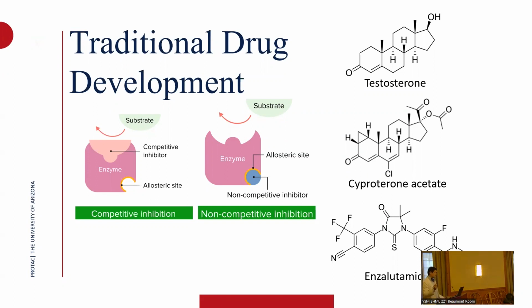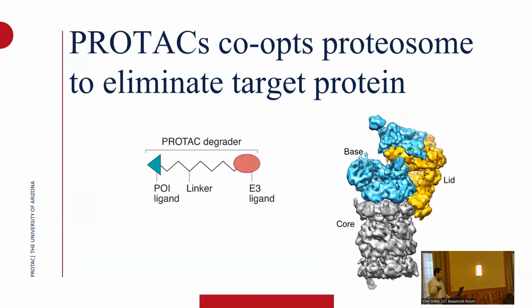So that means that enzalutamide not only has competitive inhibition activity, on top of that, it also acts via a non-competitive inhibitory function to stop the AR from being translocated into the nucleus, as well as stopping DNA binding when the translocation occurs. PROTACs behave in a completely different manner.